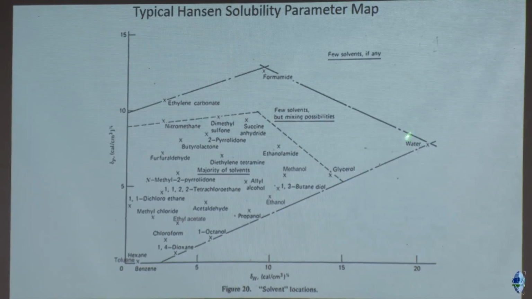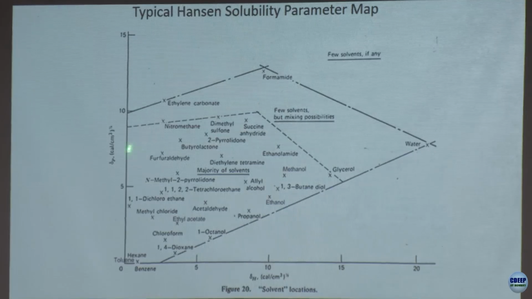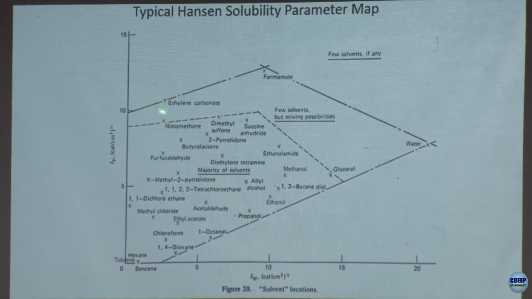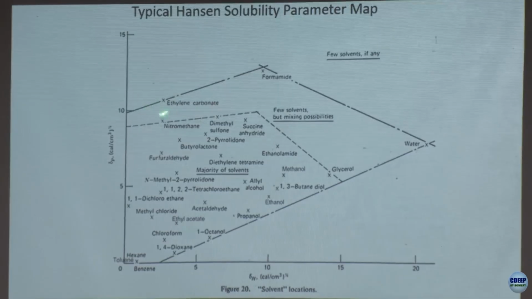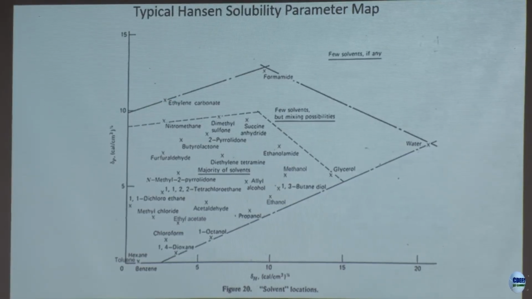So water, you can see, exhibits both hydrogen bonding as well as dipole-dipole. You have something like ethylene carbonate, which is more on this axis, the dipole-dipole interaction. You have hexane, toluene, benzene, chloroform here. They are merely dispersive interactions.